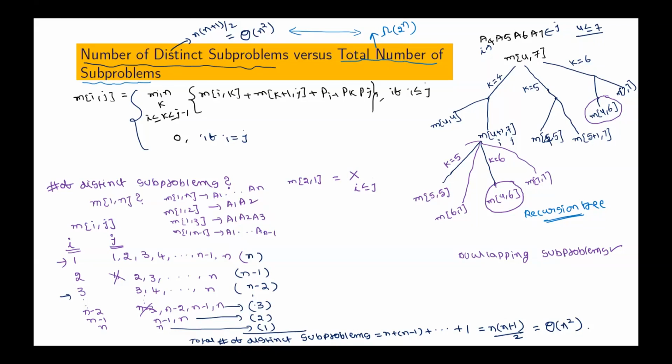Now, if I ensure that each distinct subproblem is solved exactly once, what is the total time our algorithm takes?